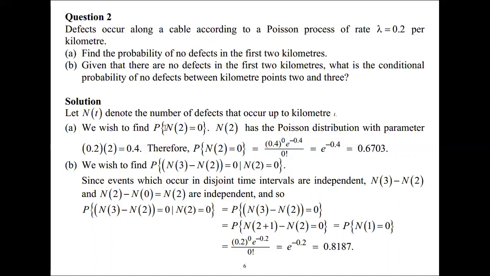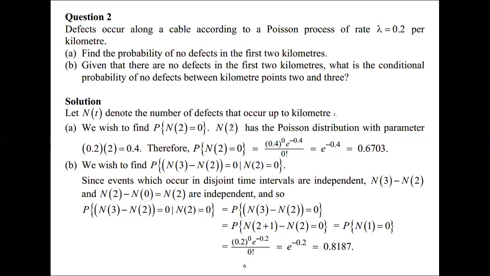What they want us to determine is the probability that no defect occurs from distance 0 to 2 kilometers. For a distance of 2 kilometers, there will be no defect in the cable. That's what the question says we should determine.